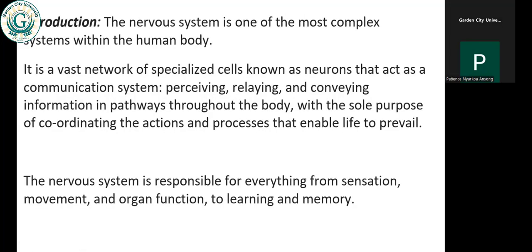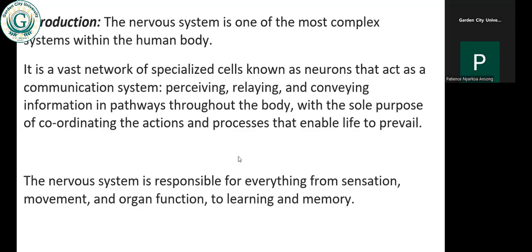So the nervous system is one of the most complex systems within the human body. And it's complex because it's made of some specialized cells called neurons. We mentioned neurons during introductory physiology, where we said it functions as relaying signals, conveying or perceiving, and also transmitting signals to and fro in the body.